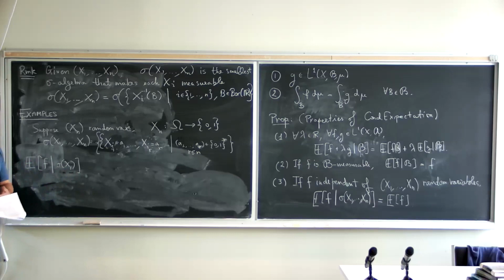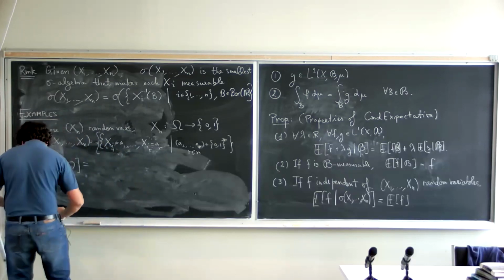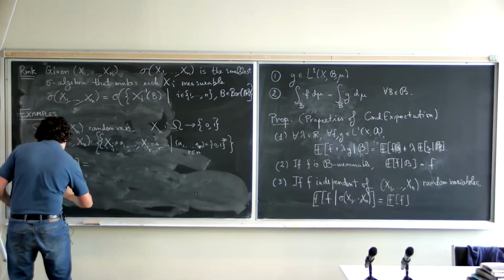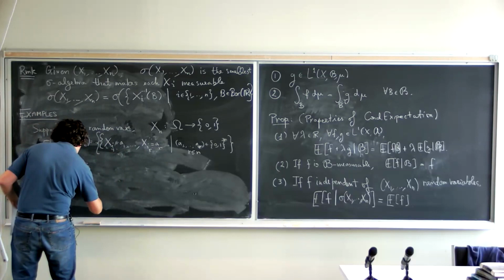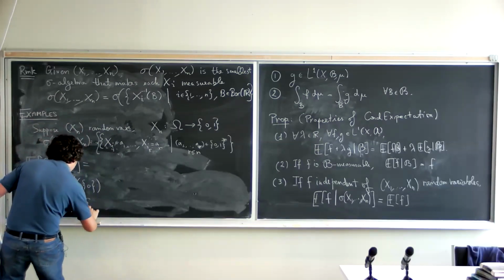If the first coin toss is 0, I take the average of f given that fact, and then I take the average of f given that the first coin toss is 1. So we define C0 as x1 inverse of 0 and C1 as x1 inverse of 1.